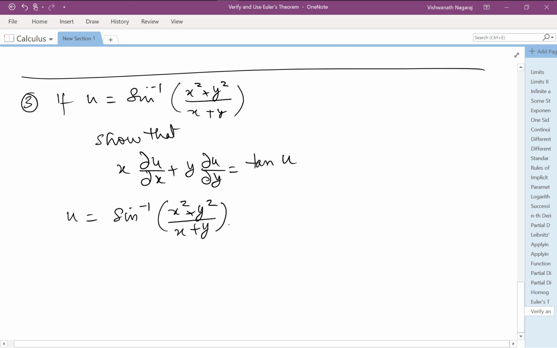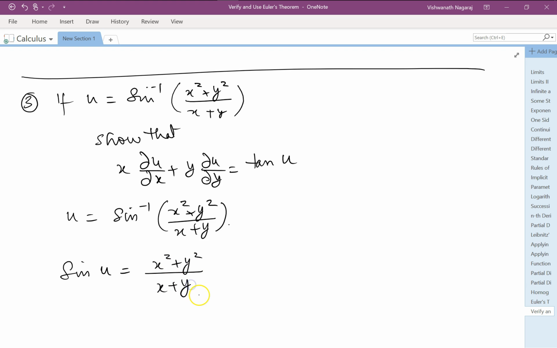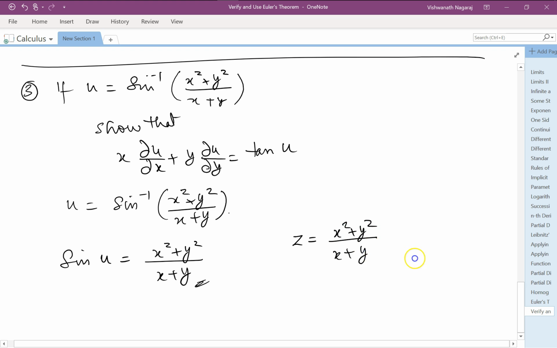Now what do we do? First of all, working with inverse trigonometric functions is tricky, so let's convert it into a normal trigonometric function. Let's bring sine to this side. So this becomes sine u equals x square plus y square by x plus y. This we know how to take care of. Let's take z equal to x square plus y square by x plus y.